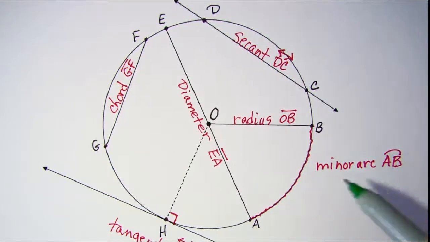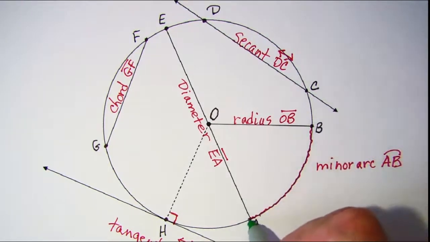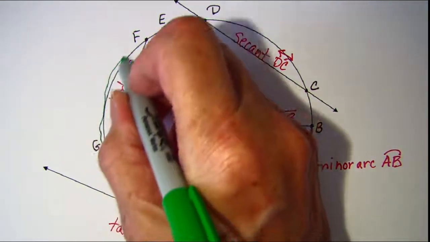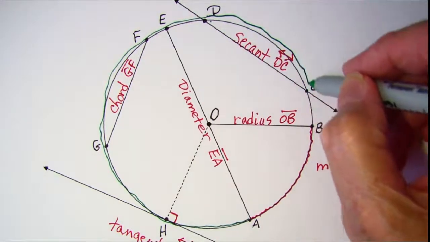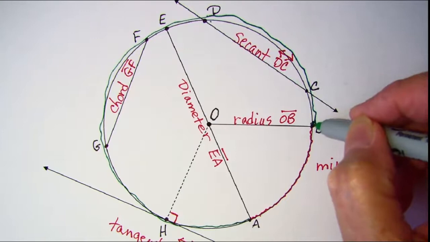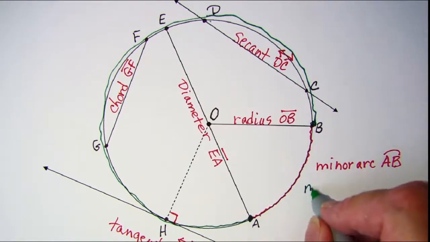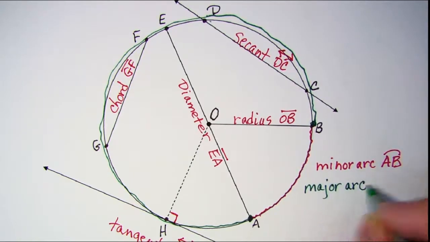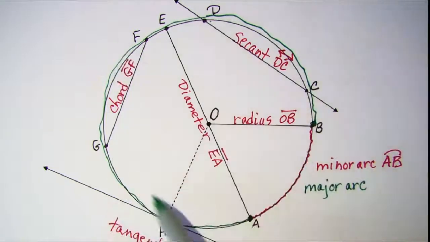Now if we wanted to talk about the other arc that starts at A and ends at B, but goes all the way around the circle, that would be a major arc, and we would name it A and then use some other letter around the circle in the major arc.